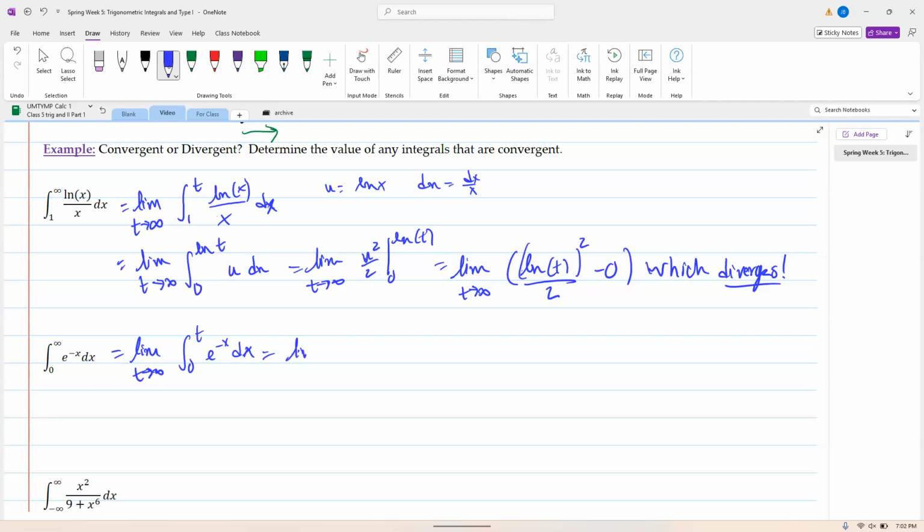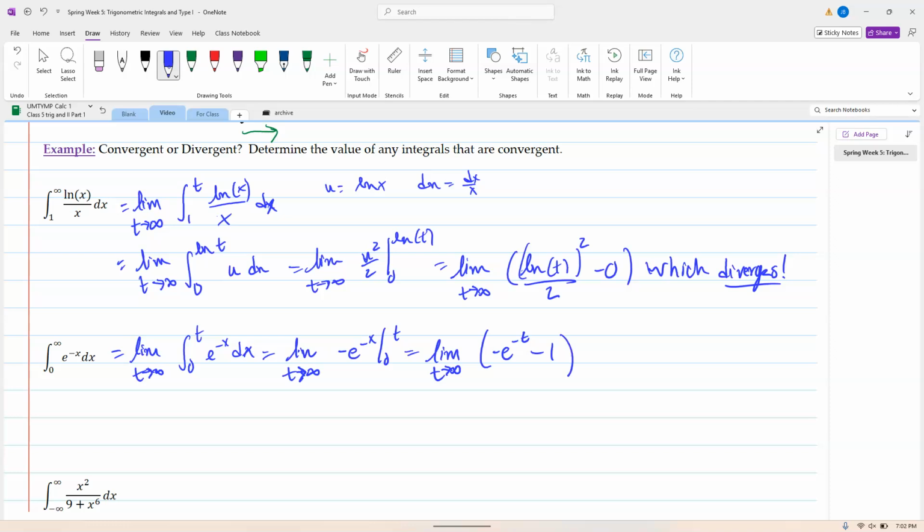What do we get? Limit as t approaches infinity, and then negative e to the negative x evaluated from 0 to t gives us the limit as t approaches infinity of negative e to the negative t minus 1.